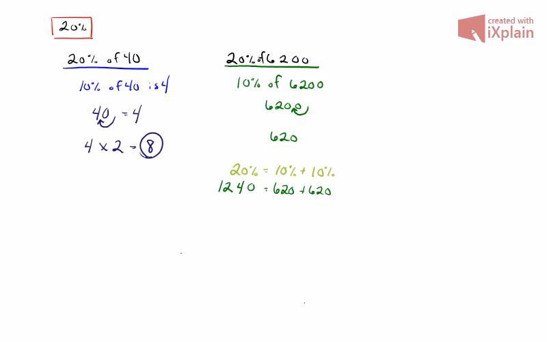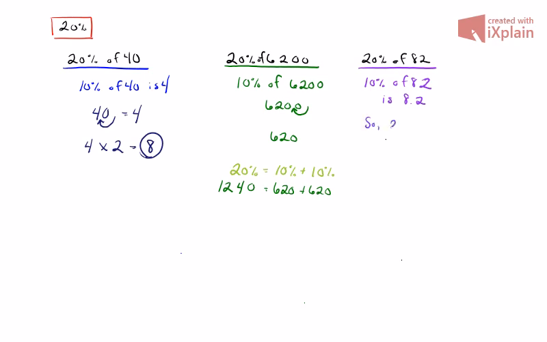Finally, if we did 20% of 82, we can do the same thing. I can state that 10% of 82, getting ahead of myself, is 8.2.